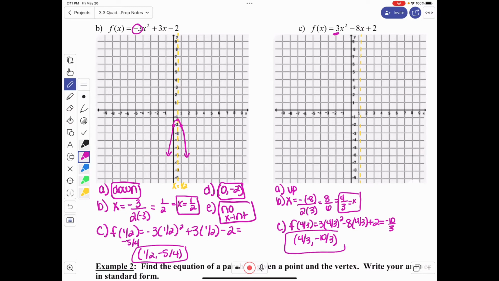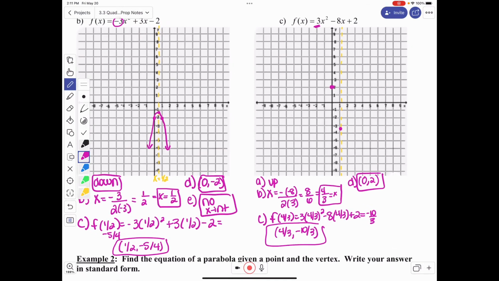And I'm going to plot that on our graph. So that's going to be about negative 3.33, so it'll be about right here. My y-intercept is (0, 2). So up here is where it's going to be.